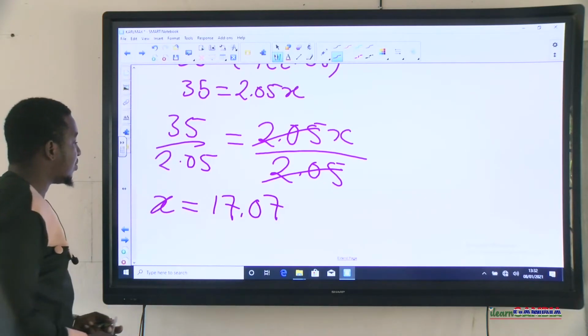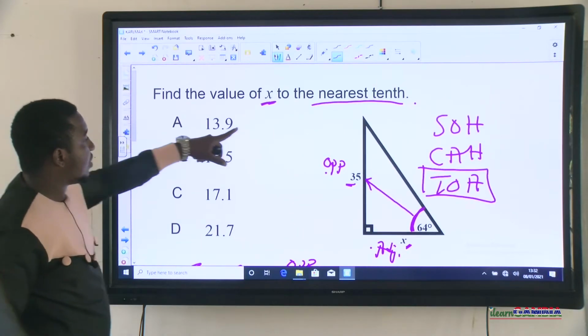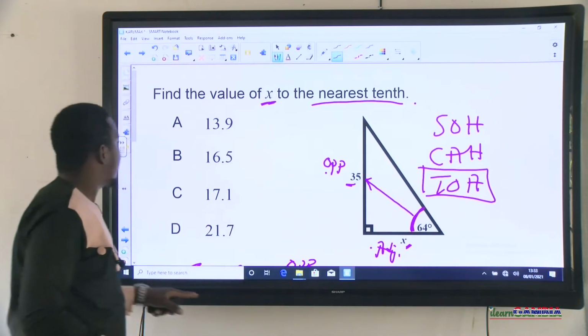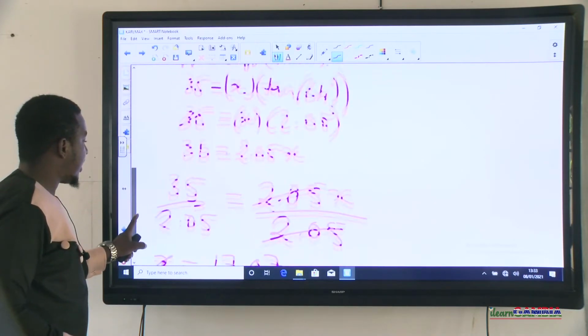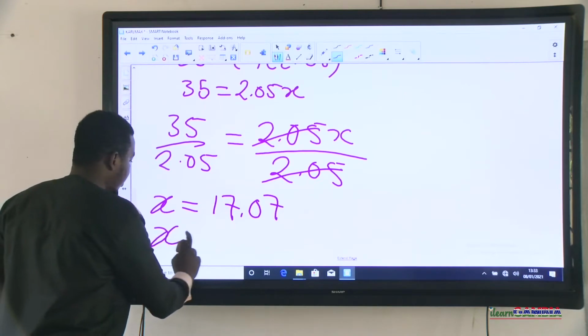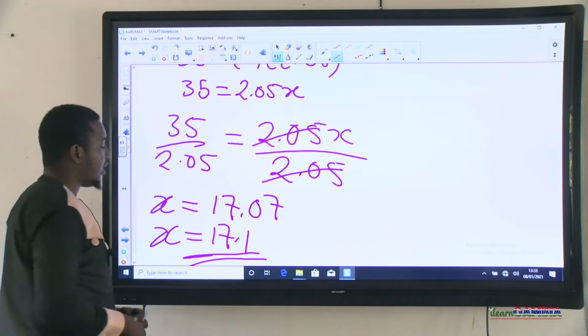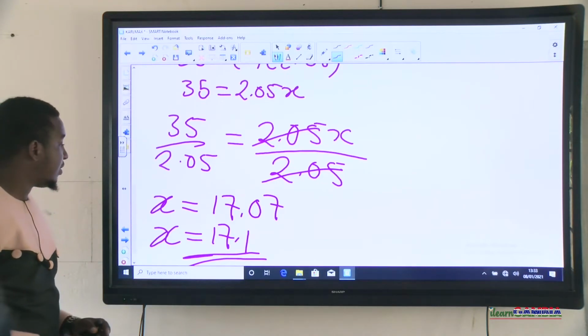So x is equal to 17.07. But what are we asked to find here? To the nearest what? To the nearest tenth. So we are going to approximate that to the nearest tenth, and we are going to have x is equal to 17.1. To the nearest tenth, our answer is going to be 17.1.